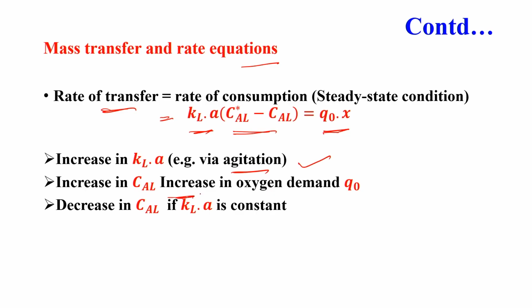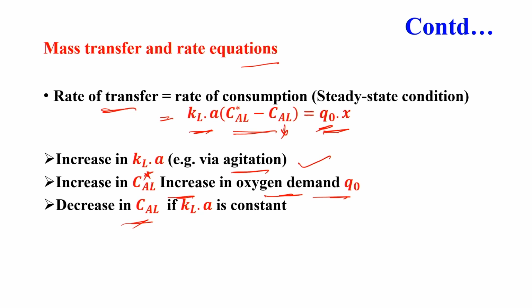How KLA is related to agitation, we will discuss in the next lecture, where we will discuss the power requirement in agitation. Then you can increase CAL star, or increase the oxygen demand Q naught, or decrease CAL.